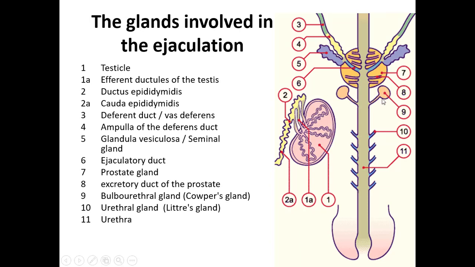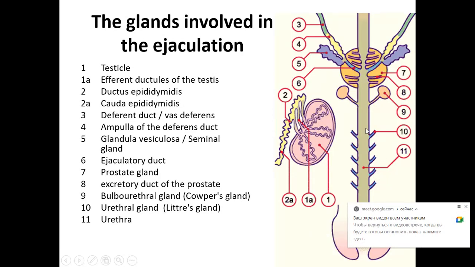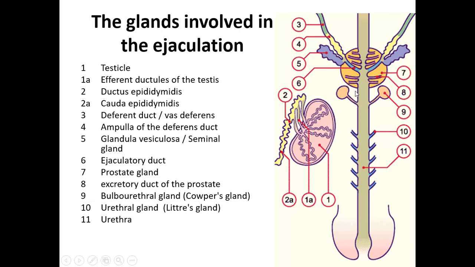And don't forget about this number 9, which is named the bulbourethral gland, also known as the Cowper gland. This is the Cowper gland. One of its main functions is the formation of lubrication for the sperm cells, because semen is a very expensive product, and during ejaculation we can spend even a few milliliters of it just to keep it inside the urethra.